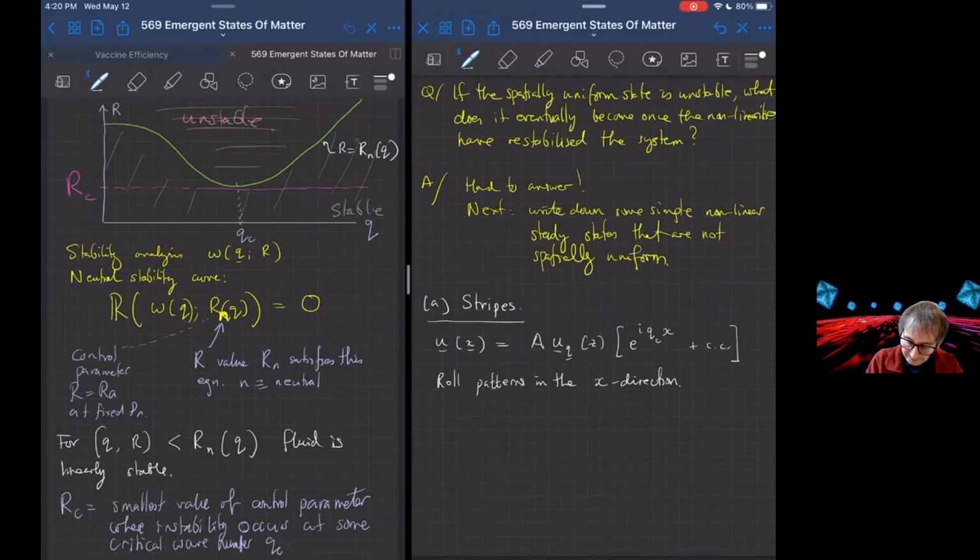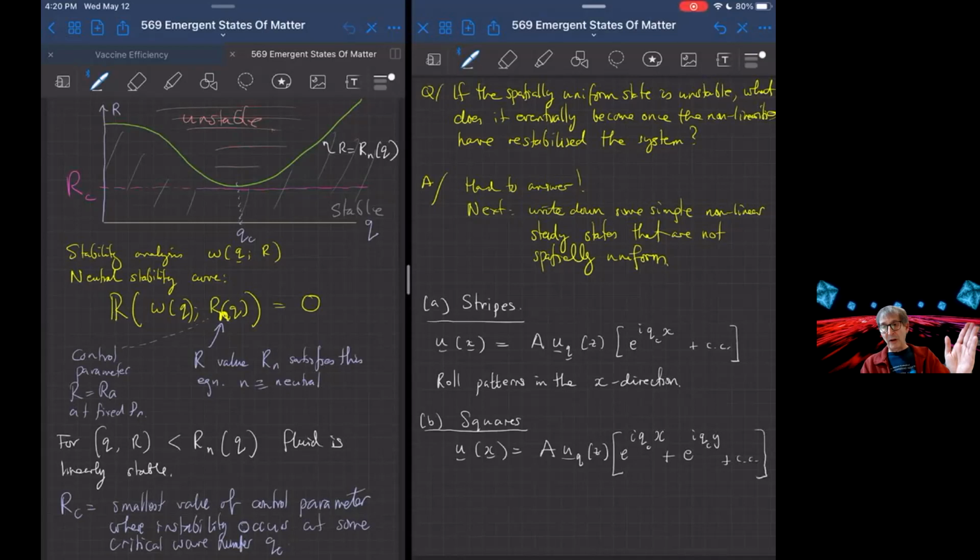Okay, so here's another one. Squares. Okay, so you might have the following. U as a function of x, it would be A times uq in the z direction, and then you may have the following: e to the i qc x plus e to the i qc y plus complex conjugate.